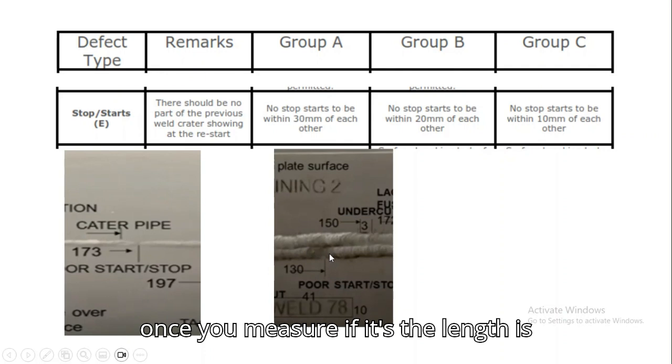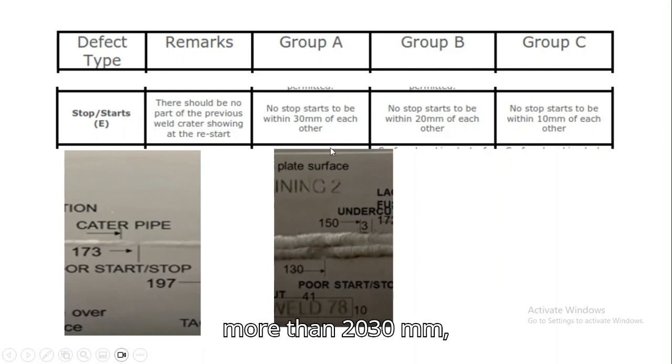Once you measure, if the length is more than 30 mm, then it's rejected in group A. If the length is more than 10 mm, it's rejected in group C.